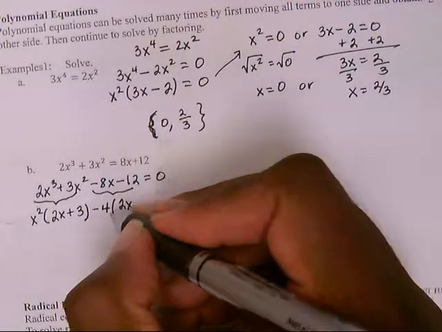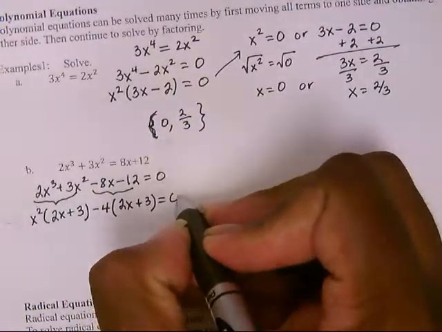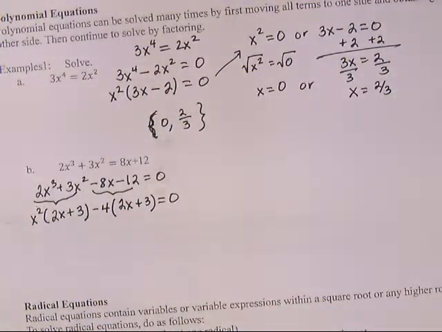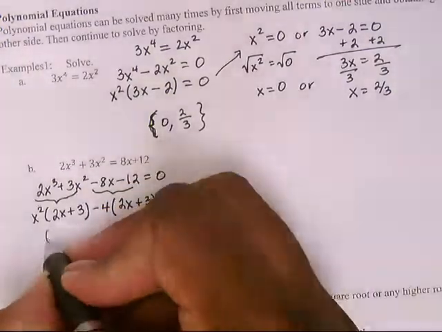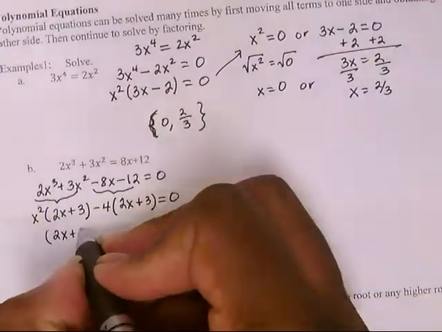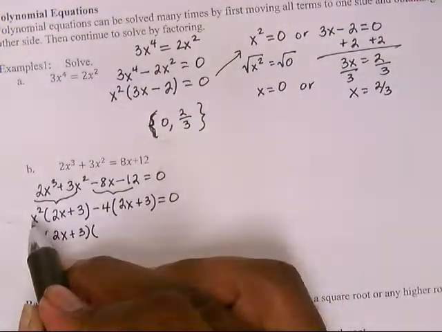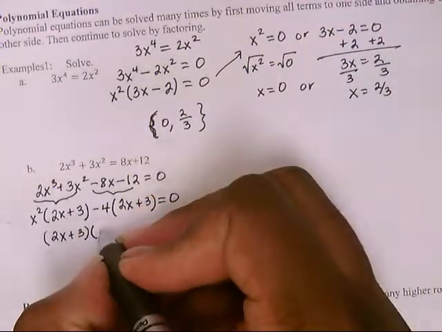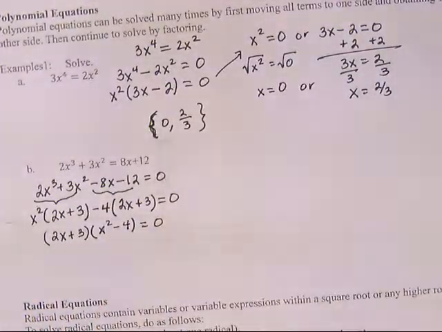And then a minus 12 divided by a minus 4 is plus 3, equal to 0. Now, as you can see here, your common factor is that 2x plus 3. So I'm going to have the 2x plus 3 as one factor. The other factor will be this x squared minus 4. And that's going to be equal to 0.